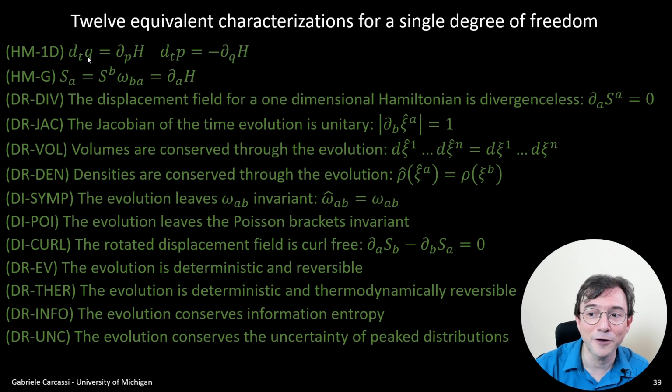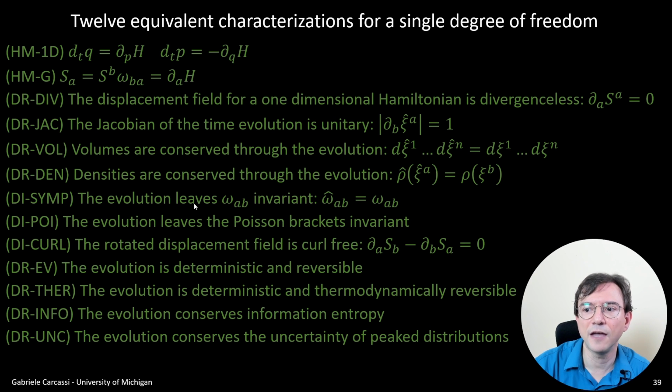quickly. We have Hamilton's equations. We have seen that the rotated displacement field is equal to the gradient of the Hamiltonian. We saw that the displacement field is divergenceless. The Jacobian of the time evolution is unitary, which also means that the volumes and densities are conserved, because the rule of how volumes and densities change in time is through the Jacobian.